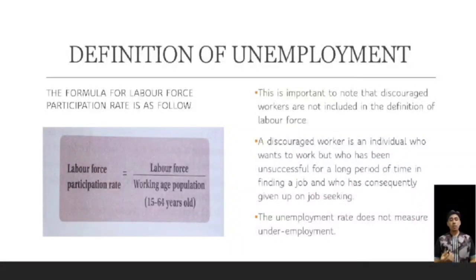Discouraged worker is an individual who wants to work but who has been unsuccessful for a long period of time in finding a job and who has consequently given up on job seeking. The unemployment rate does not measure them as unemployment.